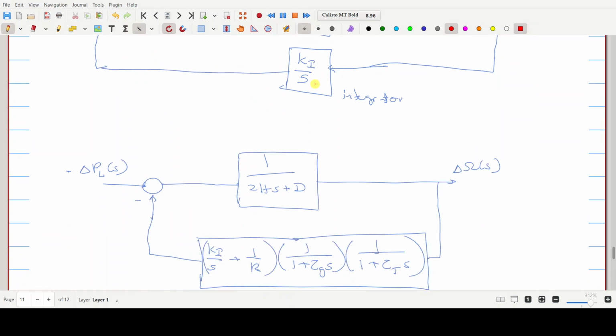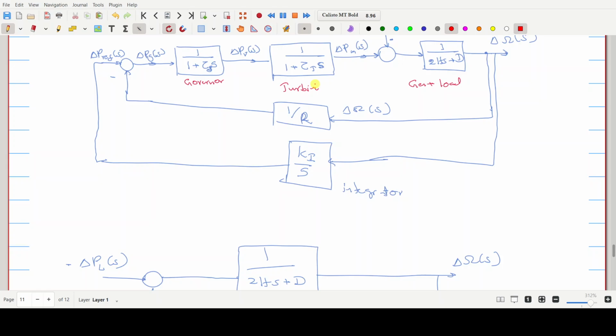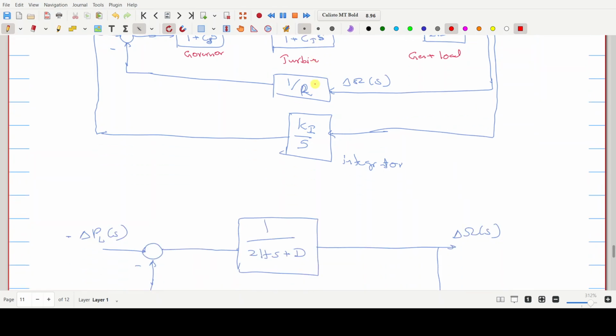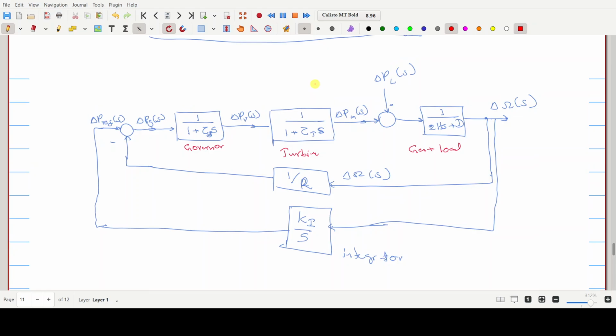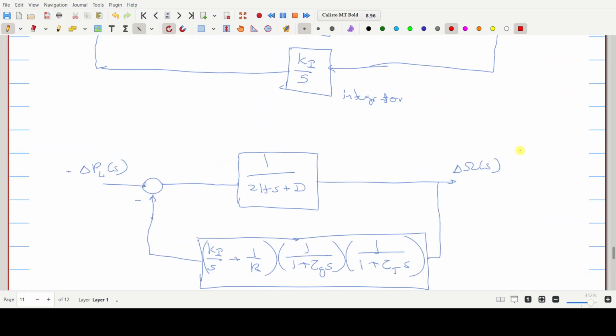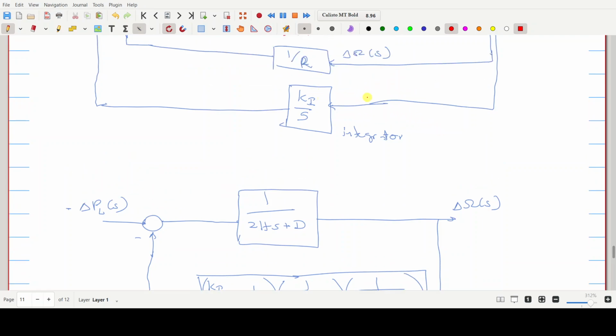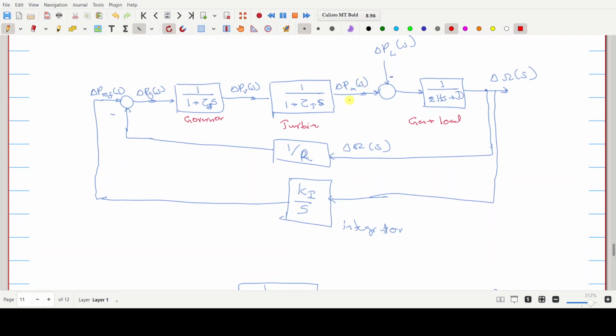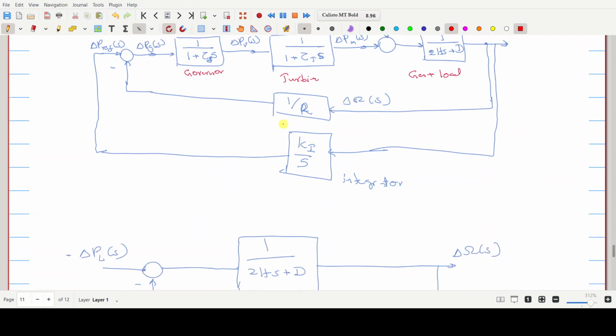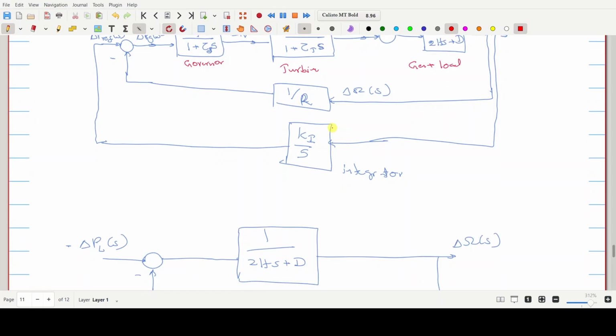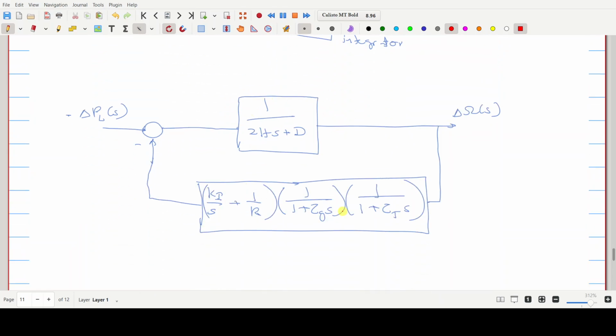So you can simplify this control loop, keeping the load change as the input and the generator speed as the output, as we discussed in the previous section. But now you are adding this supplementary control part, or the integrator, also into the picture, right.